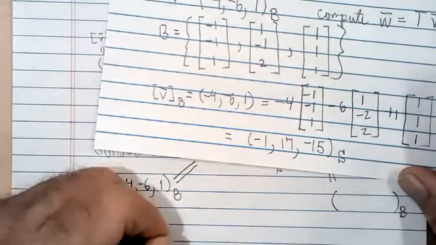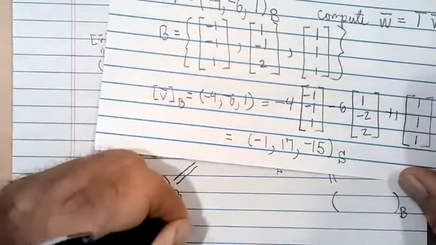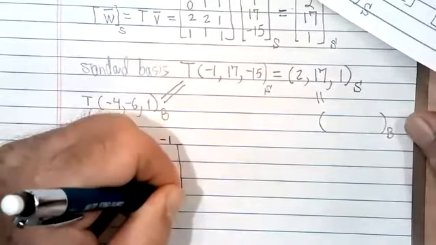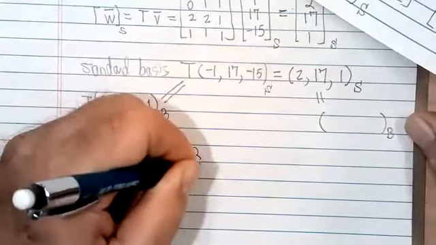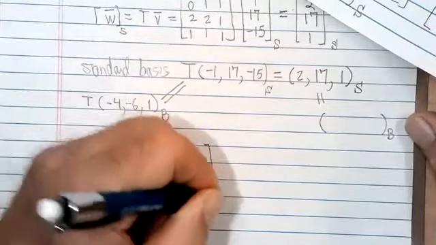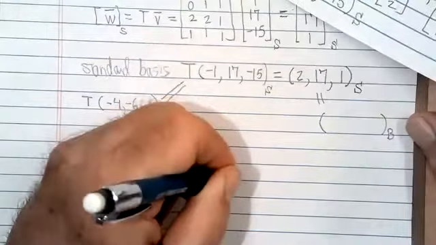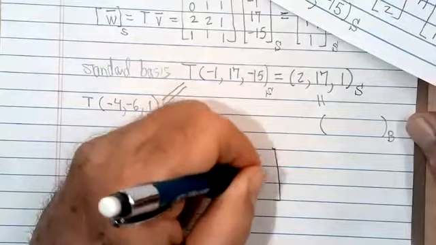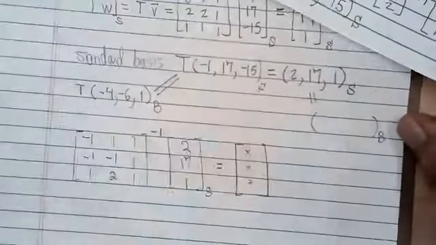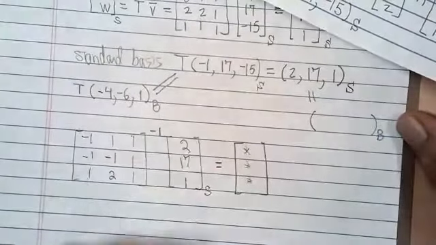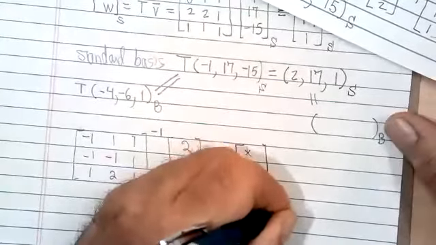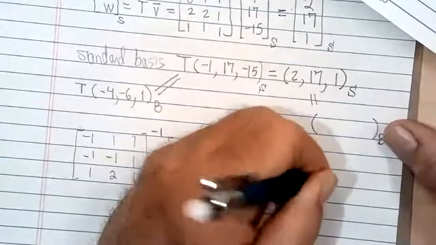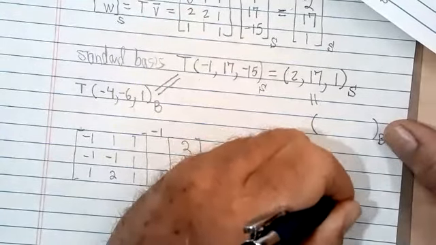You got to put it in your calculator or something. But you take the inverse of that matrix and multiply it by 2, 17, 1. That's in the standard basis, and you're going to get something. Right now, I don't know what those numbers are because I don't know what this inverse is. But I do know this is going to be T of V relative to the B basis.